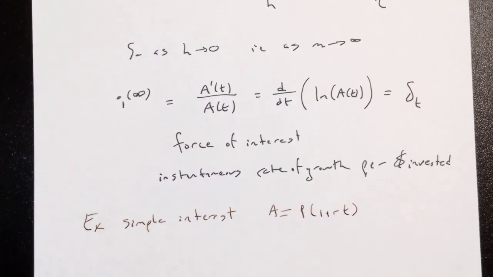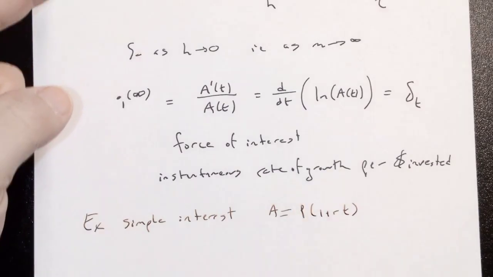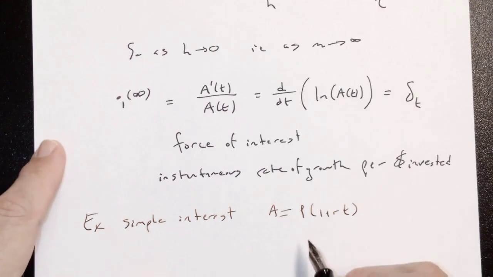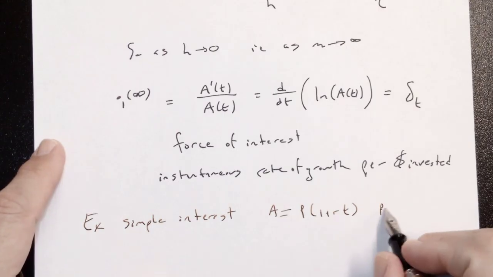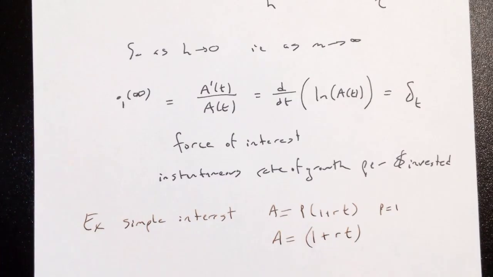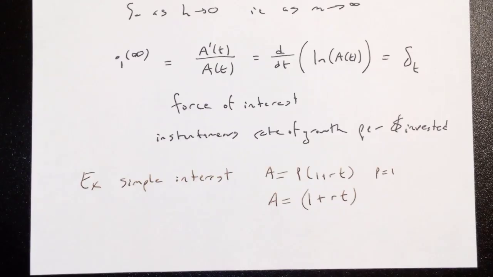Now, when we did our calculation up here, we made the assumption that principal was 1. So I'm just going to use 1 plus RT. Well, that's a continuous function of t. What's its derivative?